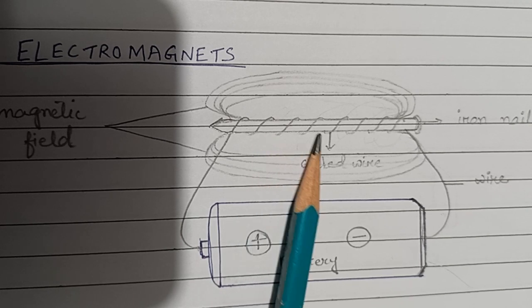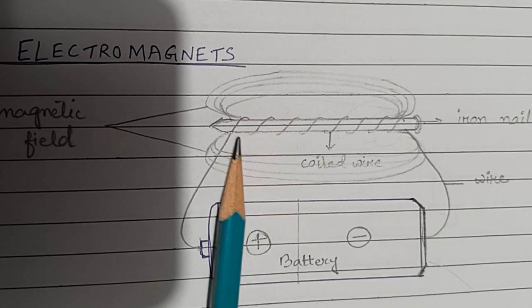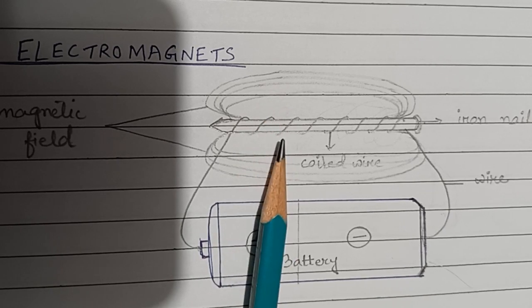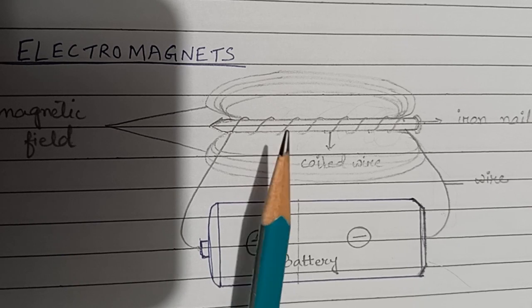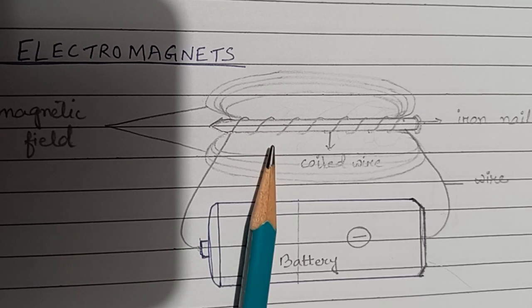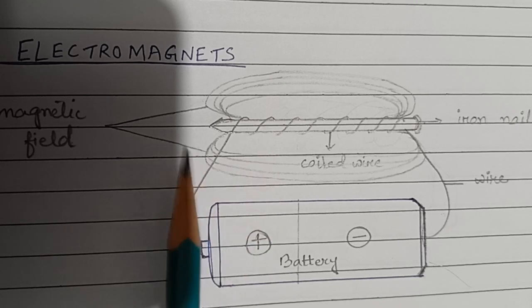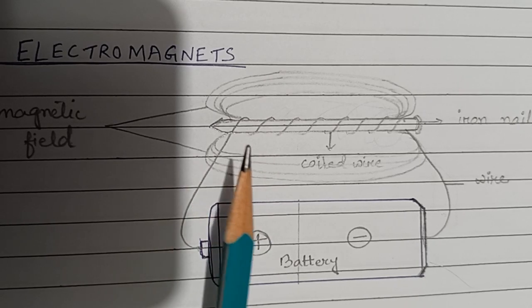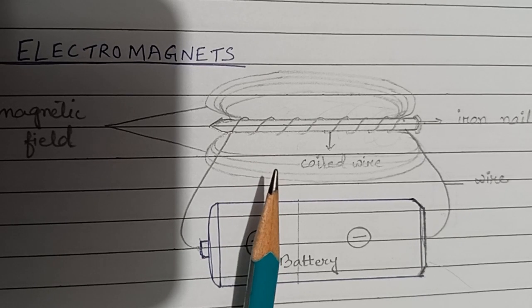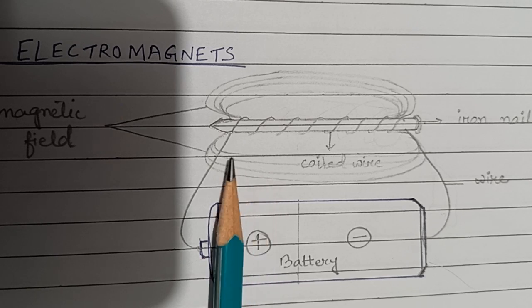This is an iron nail. It is wound with a wire. It acts like a magnet as long as the electric current is passed through the wire, and this is known as an electromagnet. And the strength of this electromagnet can be increased or decreased by increasing or decreasing the number of turns in the coil.